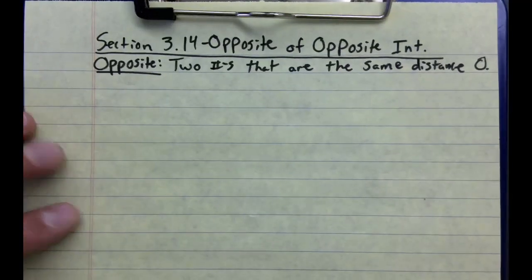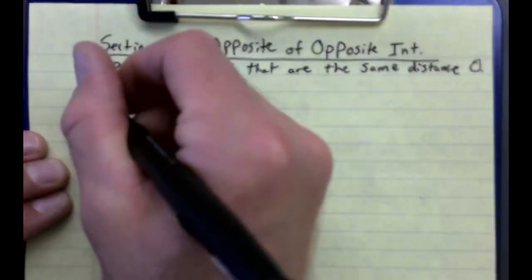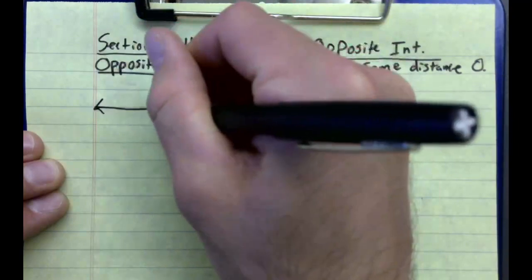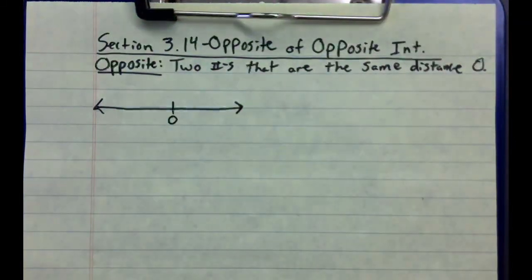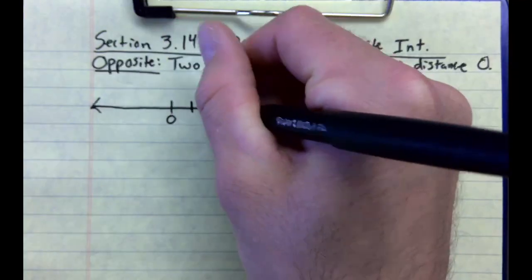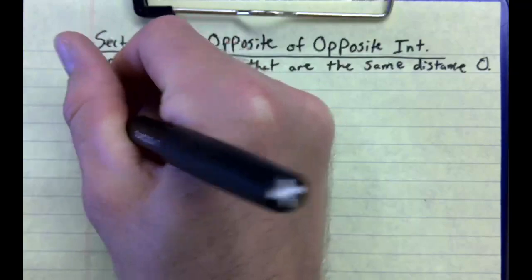So the opposite occurs when there are two numbers that are the same distance from zero. Okay? So we've been looking at number lines and integers, and we know that all number lines start at 0. All right, and then if you're looking at the number line 5, 10, go down by -5, -10.